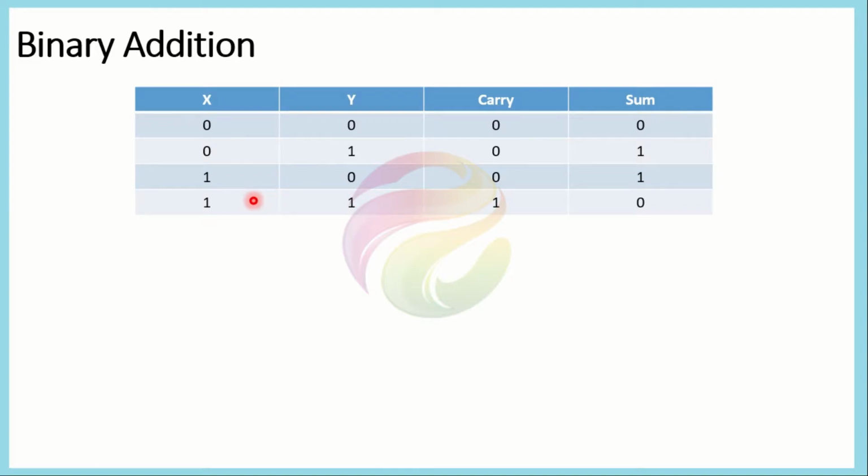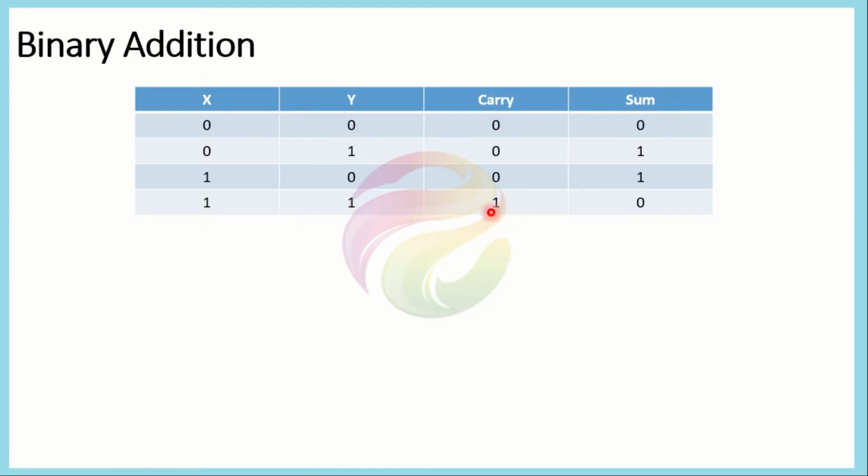This is because 1 plus 1 is equal to 2, and for representing decimal 2 in the binary number system, we need at least 2 bits. This can't be represented in a single bit. So we can combinedly represent the result in the form of the carry and sum bits.